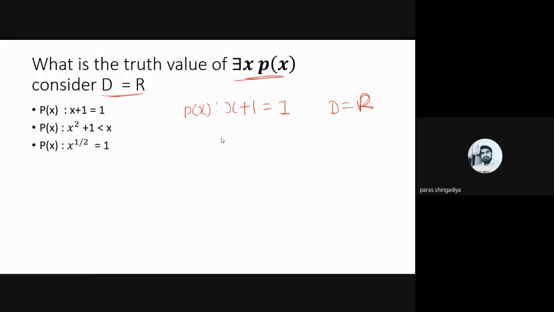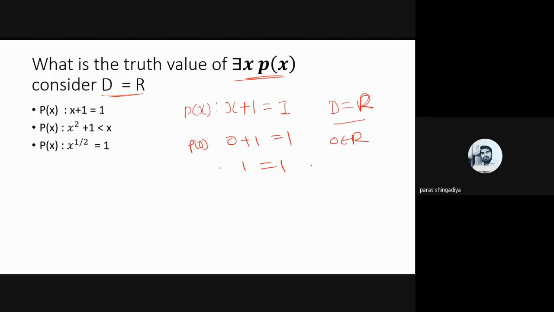Yes, for x equal to 0, and 0 is included in the real line. 0 belongs to R. And now P(0) will become 0 plus 1 is equal to 1, and therefore it is 1 equal to 1.